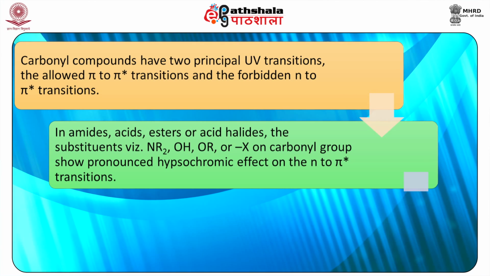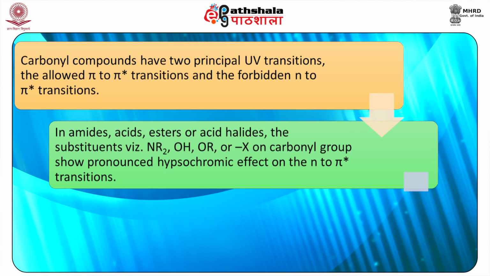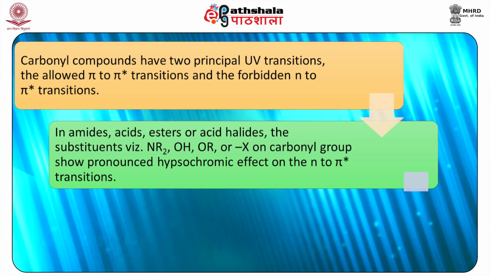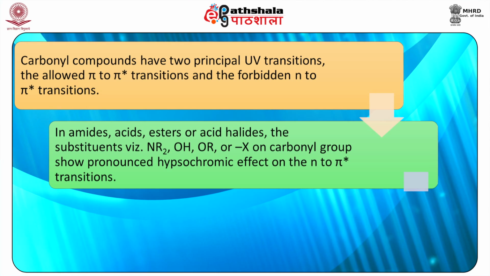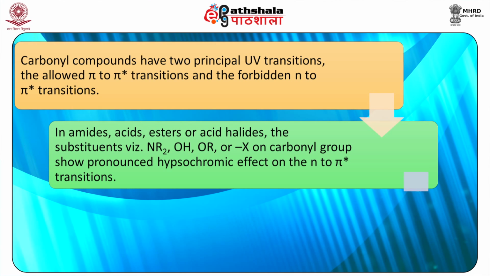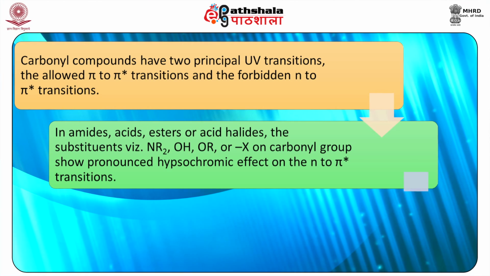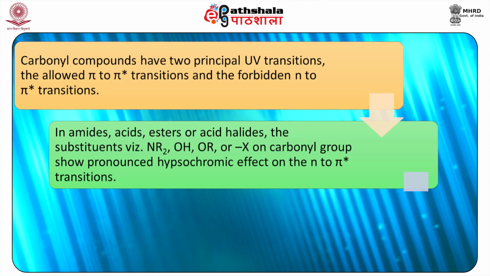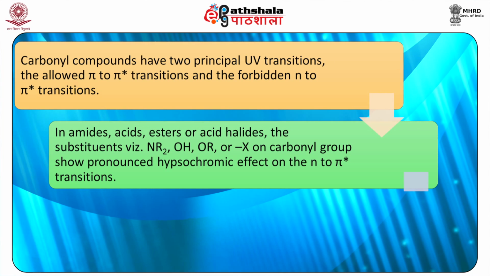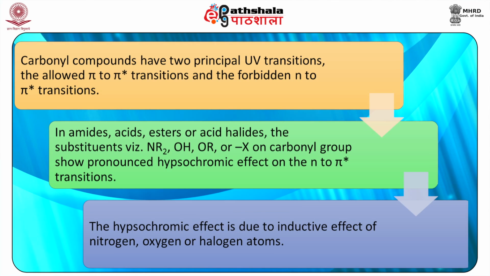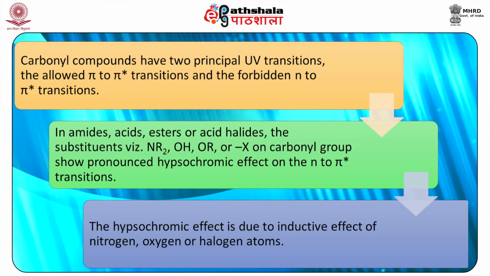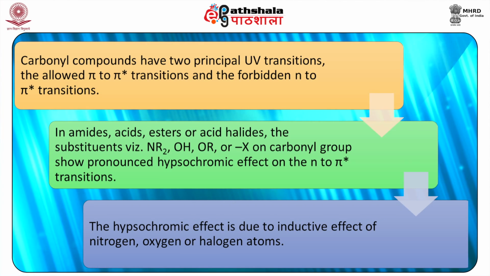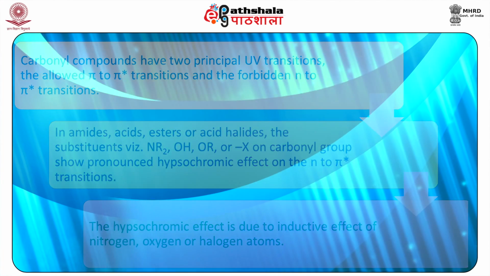In amides, acids, esters or halides, the substituents NR2, OH, OR or X on the carbonyl group show a pronounced hypsochromic shift on the n to pi star transitions. Now the hypsochromic effect is due to the inductive effect of nitrogen, oxygen or halogen atoms.